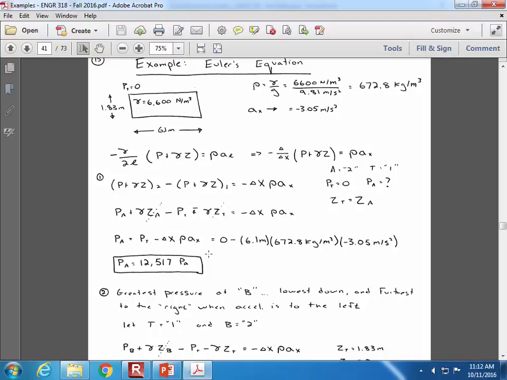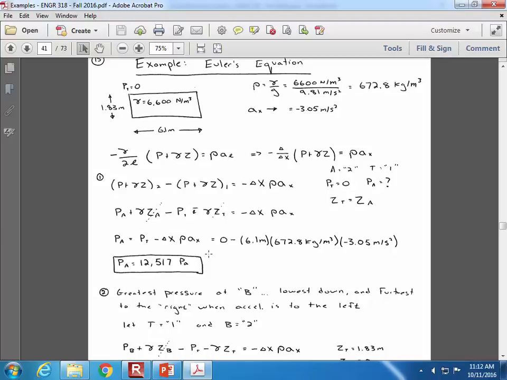Well, I'm going to apply this by looking at two different points. First of all, in section 1 of this example, it says, what's the pressure at point A? So I need to figure out what's going to be location 1 and what's location 2 when I start substituting, because when I expand out Euler's equation, it's pressure plus gamma z at location 2 minus pressure plus gamma z at location 1 is equal to negative delta x density acceleration in the x direction.